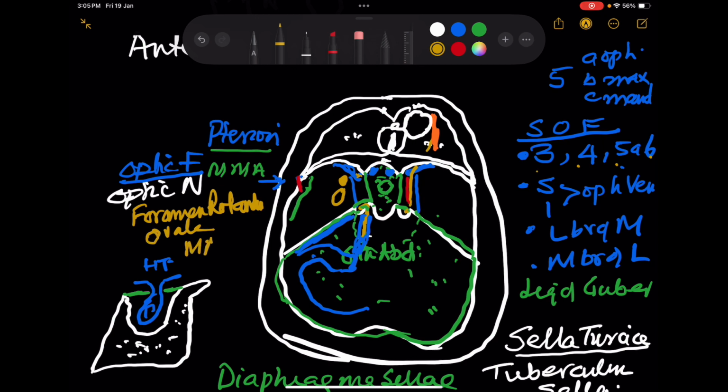MALE passes through ovale. Fifth B has passed, maxillary has passed. So: mandibular nerve, accessory meningeal artery, lesser superficial petrosal nerve, and emissary vein. MALE passes through foramen ovale.